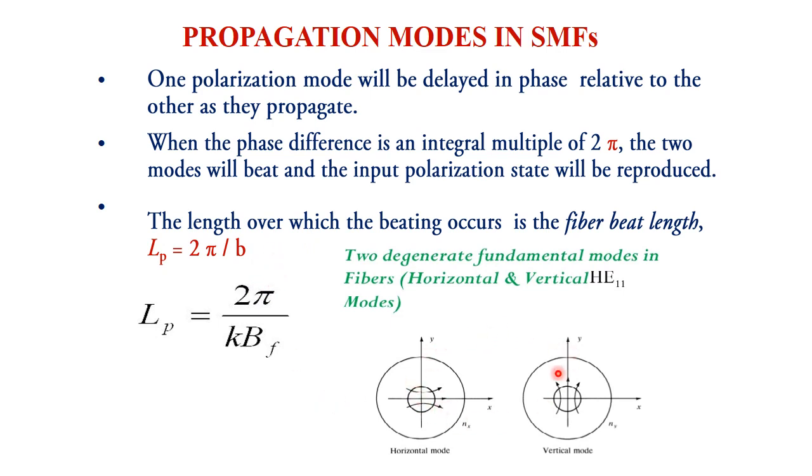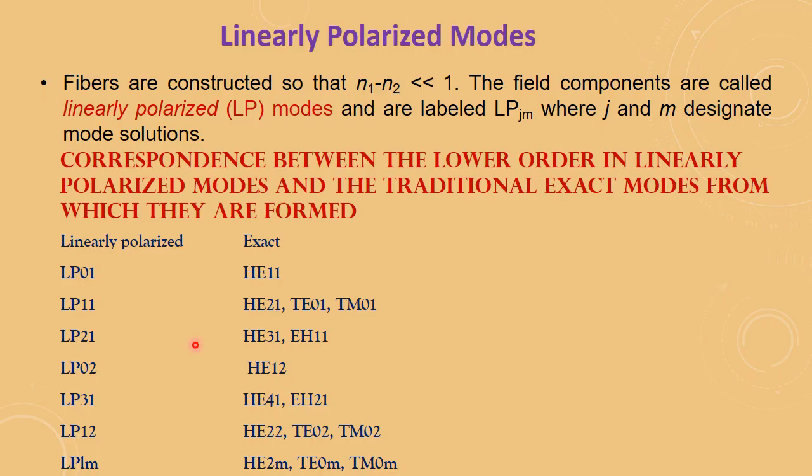This is another parameter found in the single mode fiber when the phase difference between the two modes of propagation is an integral multiple of 2 pi. As I told you, there are two degenerate fundamental modes in fibers, one horizontal and the other vertical, and we call it HE11, where H is hybrid mode and 11 represents L and M. And this is also one of the formulas to find the beat length.